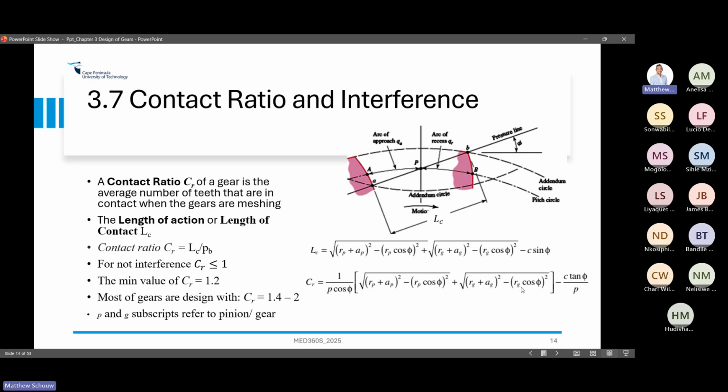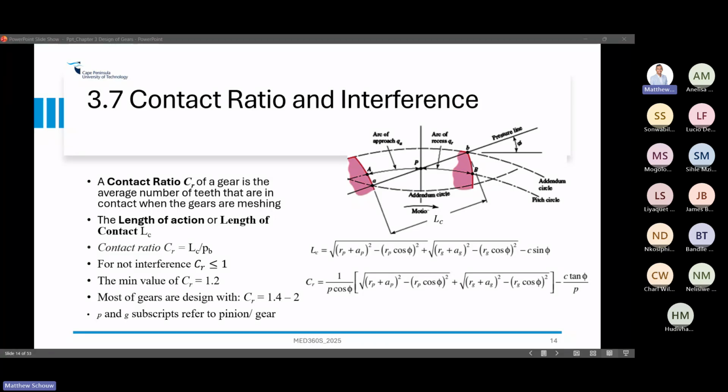Now, that being said, if I could go to my slides, and I can always put up this lecture which I've done some time ago on basic gearing, you'll notice over here that in order to obtain this, I kind of show you some of these equations.